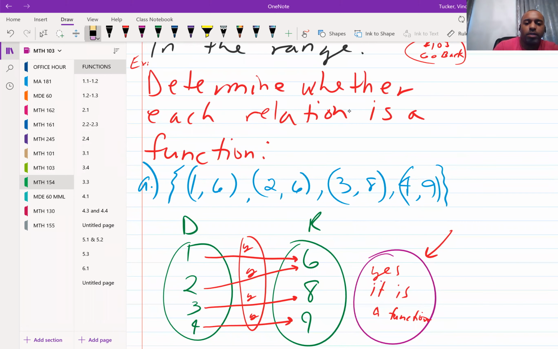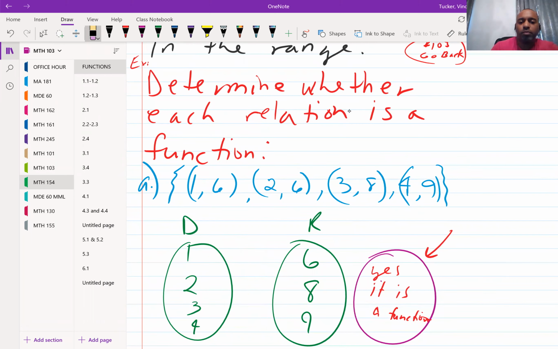All right, so I'm going to erase this out. Determine whether each relation is a function. They give us (1, 6), (2, 6), (3, 8), (4, 9). What I do to give you a visual that it is a function or not a function is create a mapping of my domain and range.